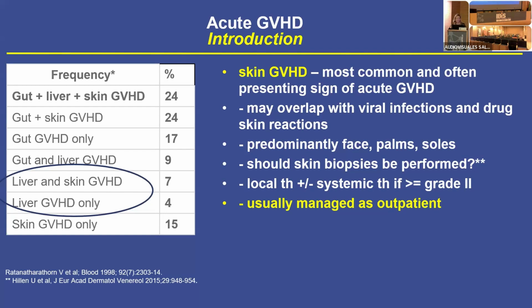When it presents as a sole presentation, it's usually managed as an outpatient, and when it presents with other types of acute GvHD, and that's mostly the case, it's like a marker, or a confirmation, of acute GvHD. Even the experts agree that biopsies of skin are not always performed, although we do say that they should be performed.